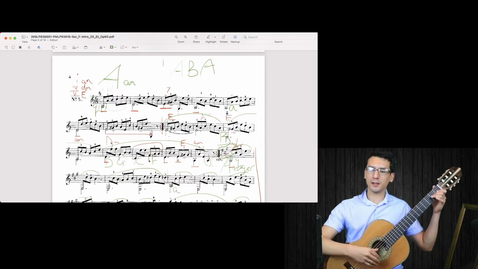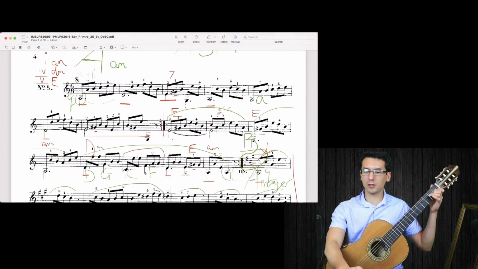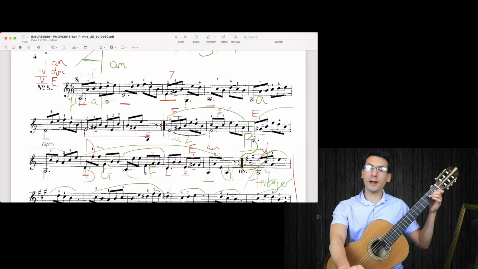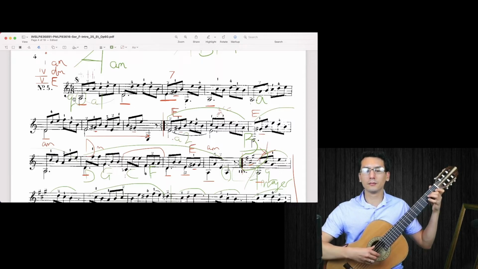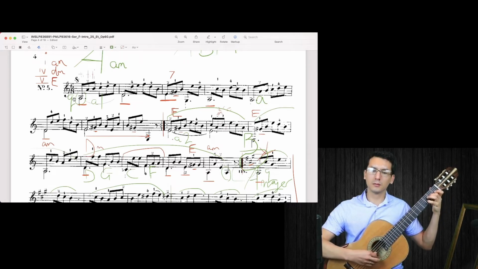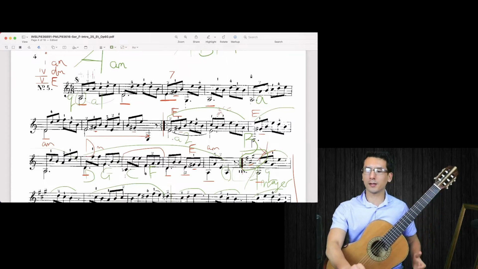So in the first 8 bars of this piece, which is actually the first section, I should go through this. We should call this A1 and we should call this A2, just for clarification. So A1 is made of a parallel period. We have a question, and an answer that starts the same as the question.